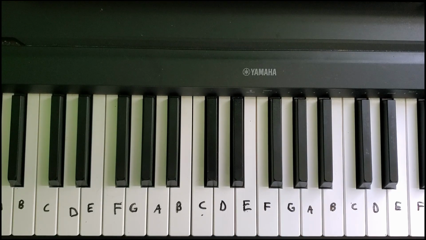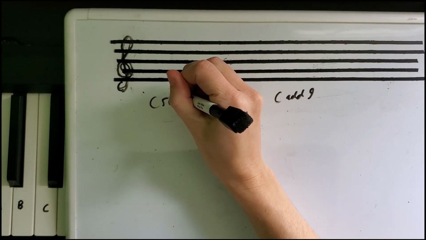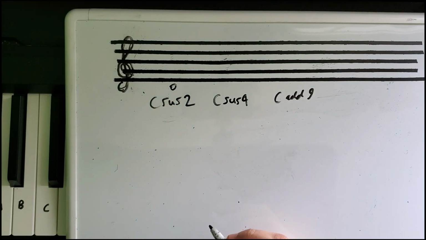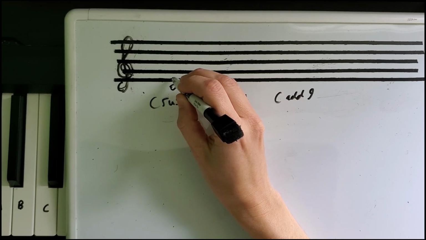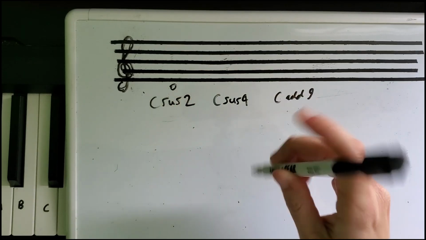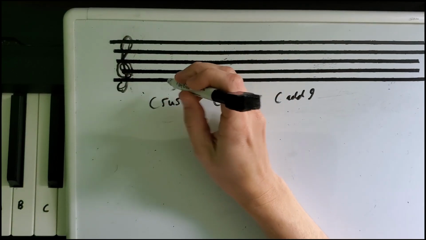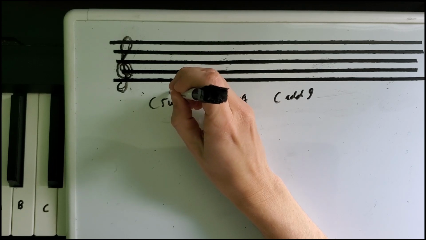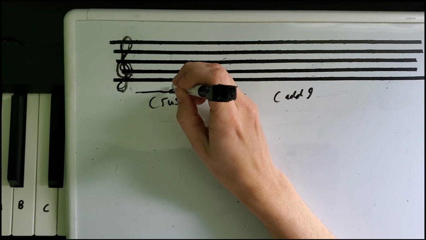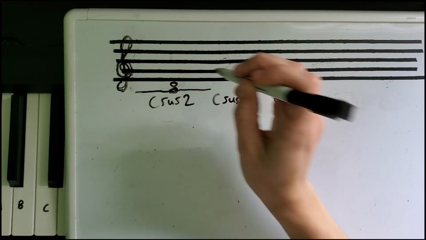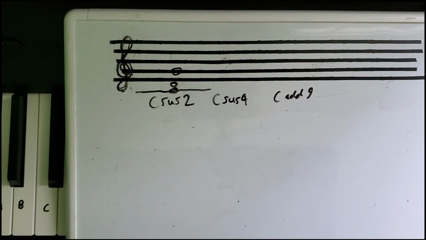If you were to write these out, you've already seen the chord symbols. For C sus2, we're going to have our C as usual, then we're going to have D. So if we had our other line here, our C, our D, which is the 2, and then G, which is 5.